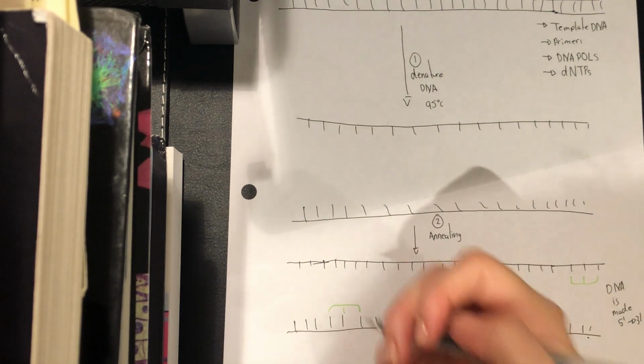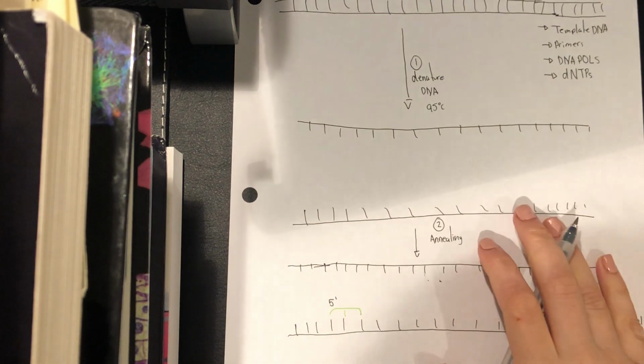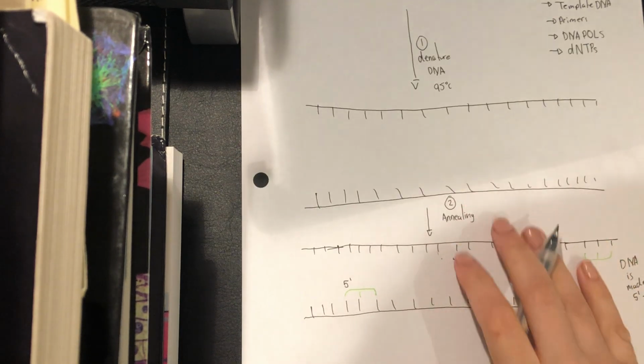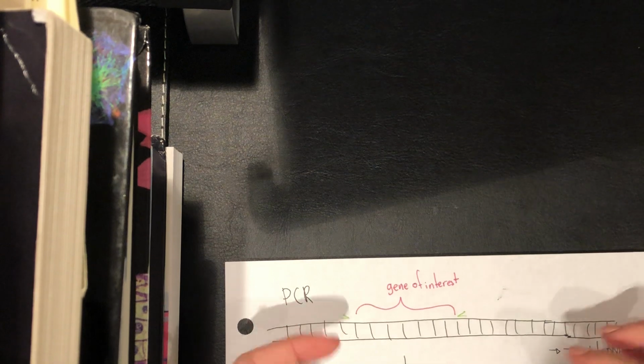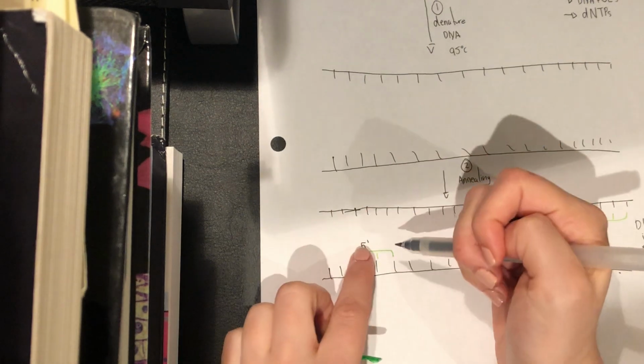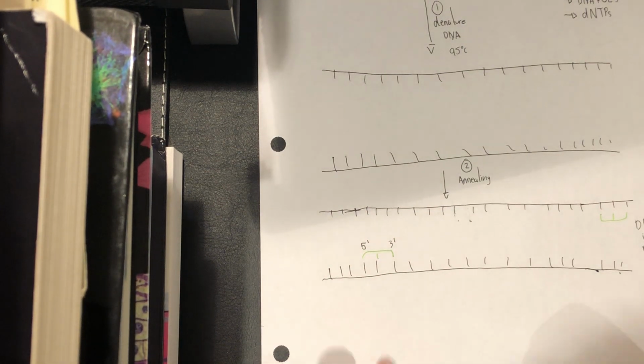So if this is your 5' end, because imagine here, this would be your left primer, so it's going this way. If DNA is being made this way, this would be your 5' end, and that would be your 3' end of your primer, right?